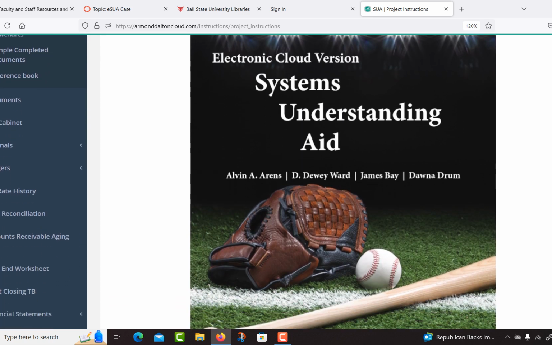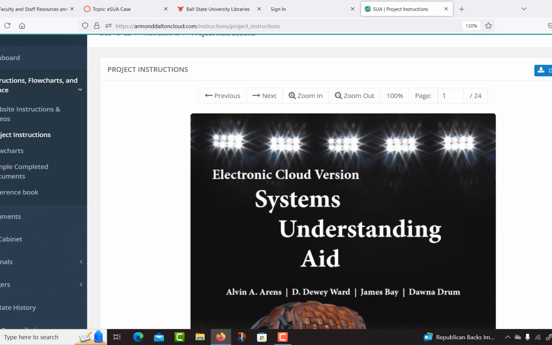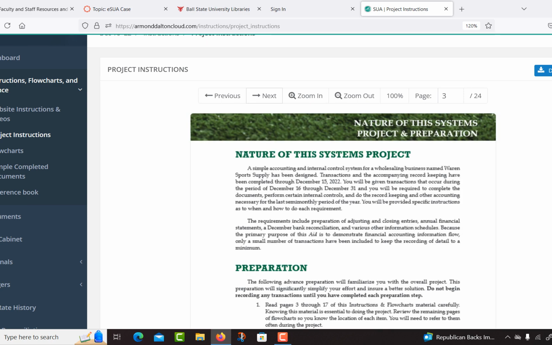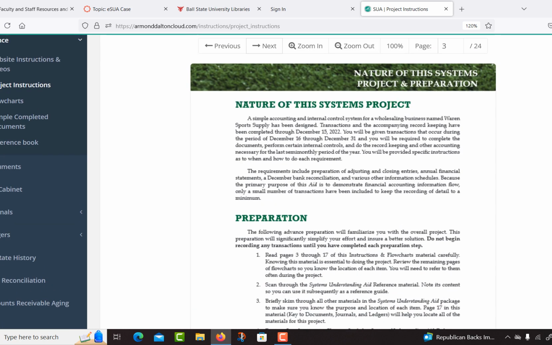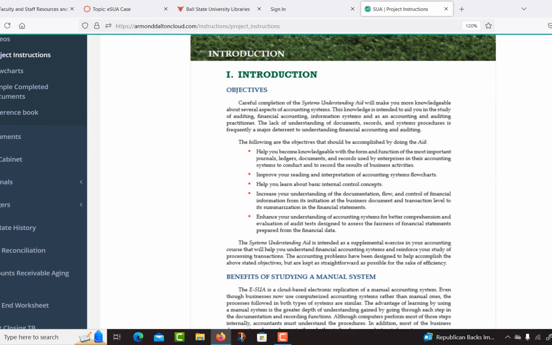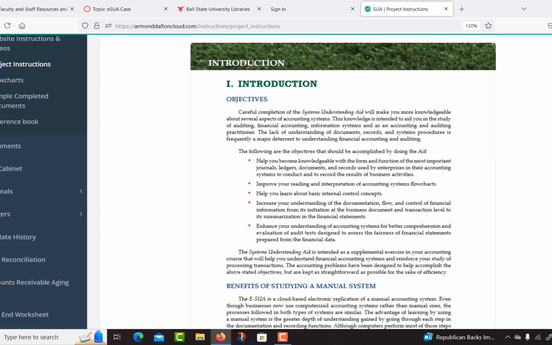Now, when you go through this, this is like what we used to have as a physical case. We had a booklet, and it gives you a table of contents and all the information about this project and how you should prepare and tips on completing it, and so on. So you have all of that information here.